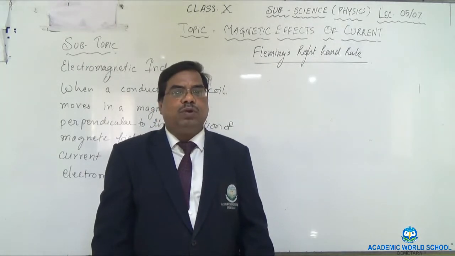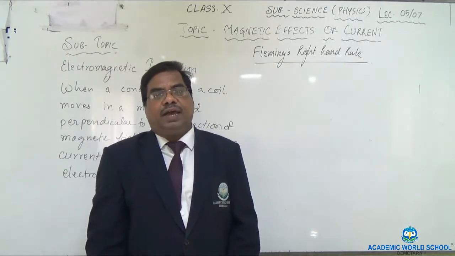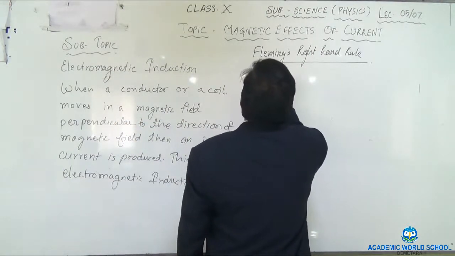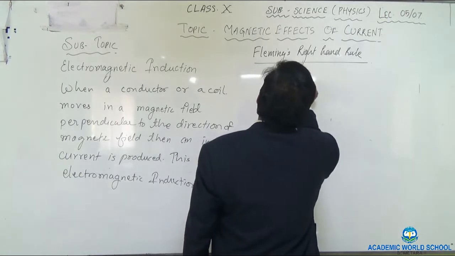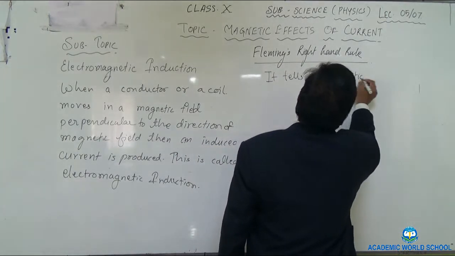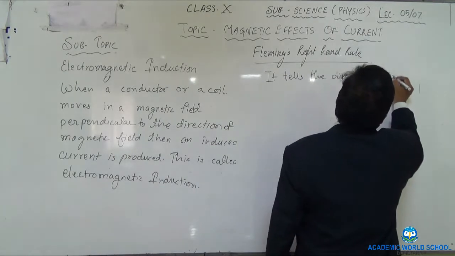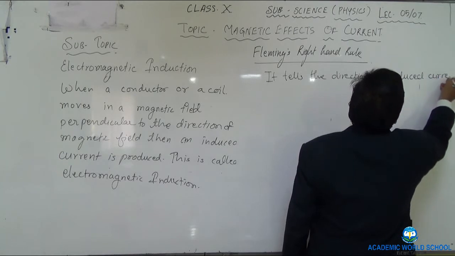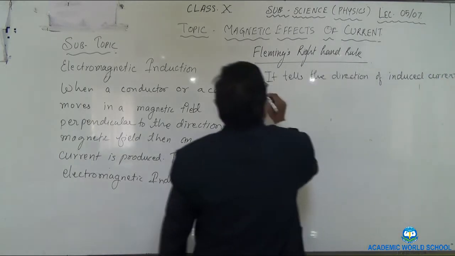Fleming's right hand rule is used to know the direction of the induced current. It tells the direction of induced current. So this is its use.